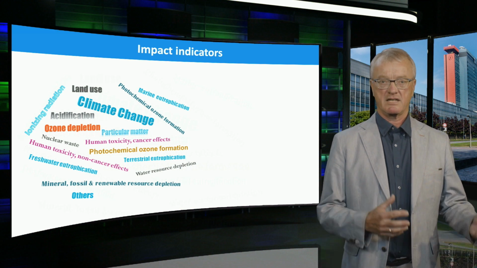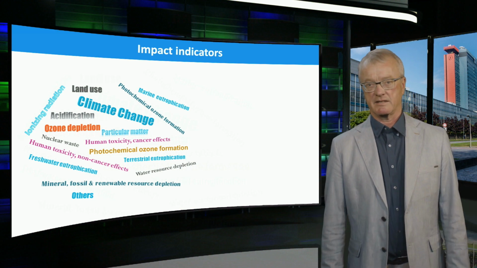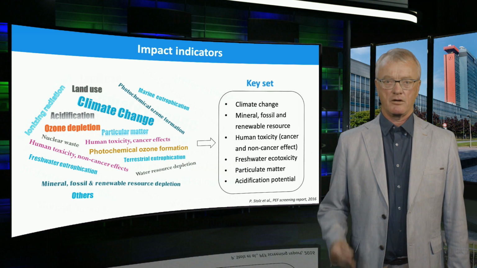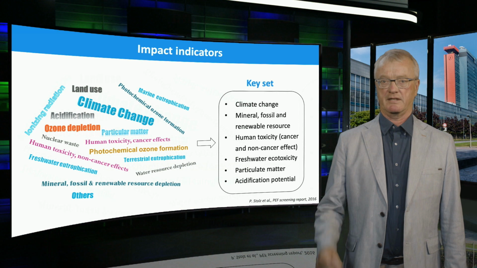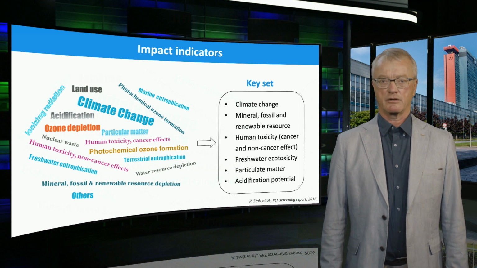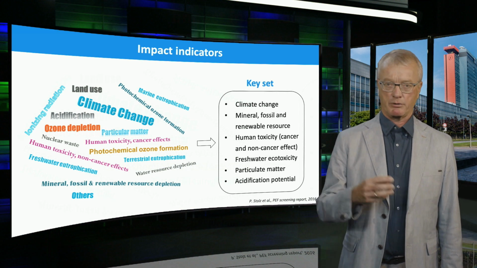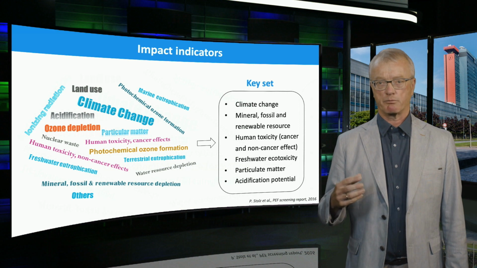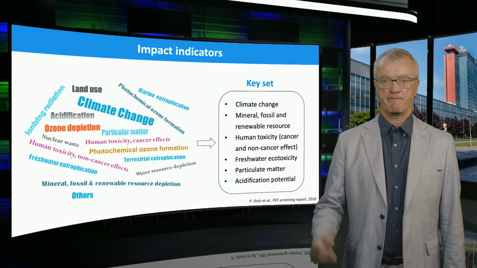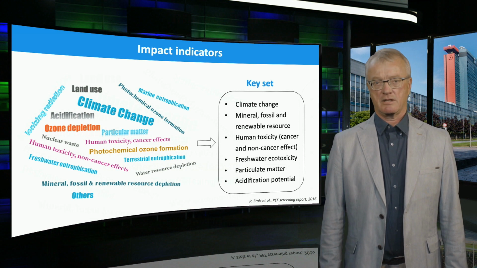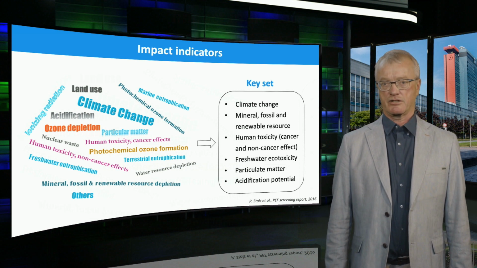Making a decision based on so many indicators simultaneously is unfeasible. For this reason, different efforts have been devoted to reduce the number of indicators. The categories include midpoint indicators, endpoint indicators, and resource footprints regarding energy, water, land, and materials use. Different case studies could result in different key set adjustments.